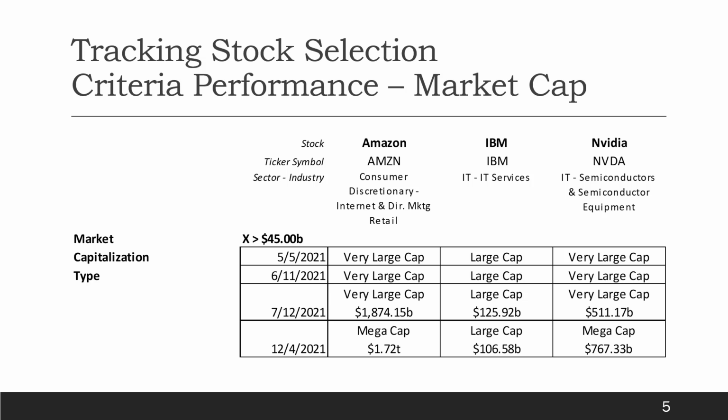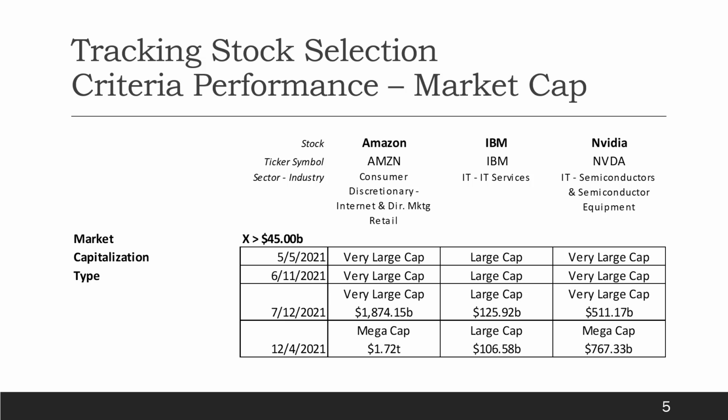We are looking for a market cap for stocks of no less than $45 billion. Amazon has a market cap of $1.72 trillion. It is a mega cap stock. IBM has a market cap of $106 billion. It is a large cap stock.